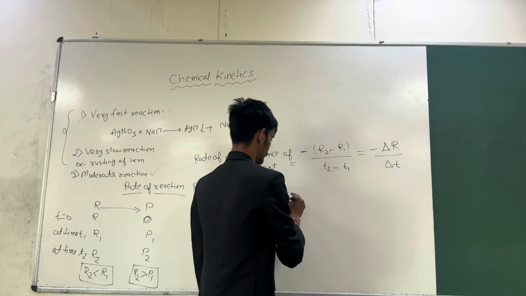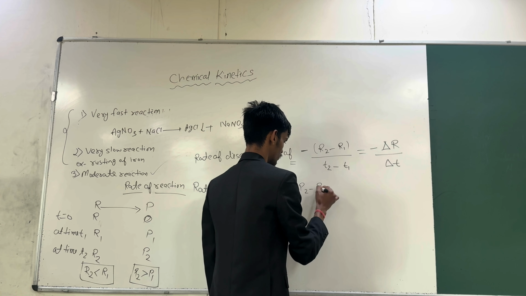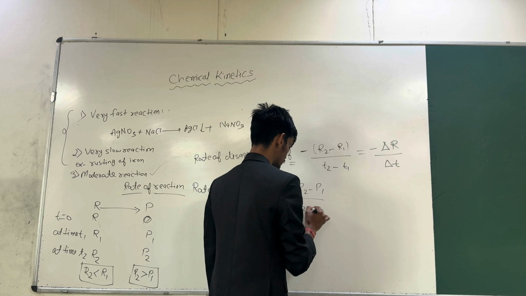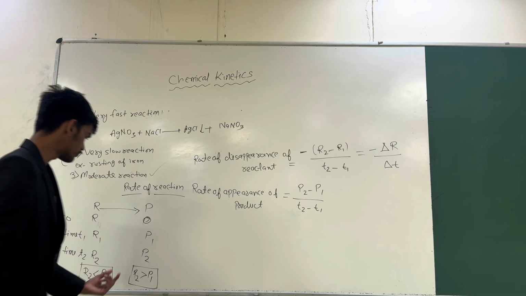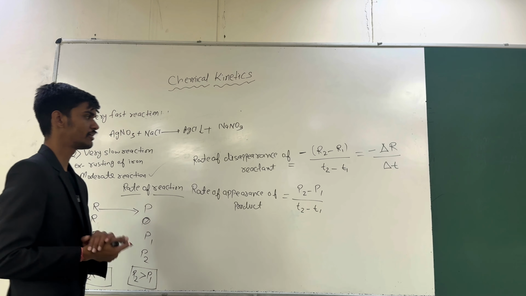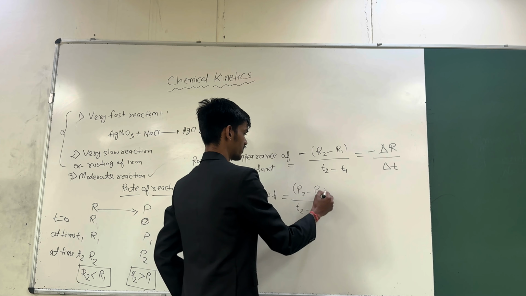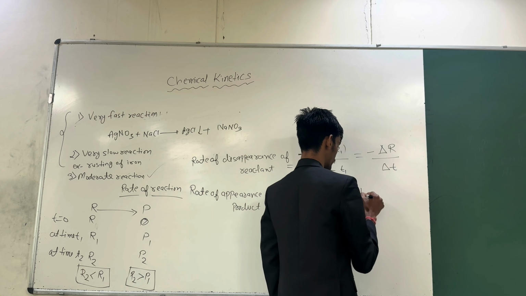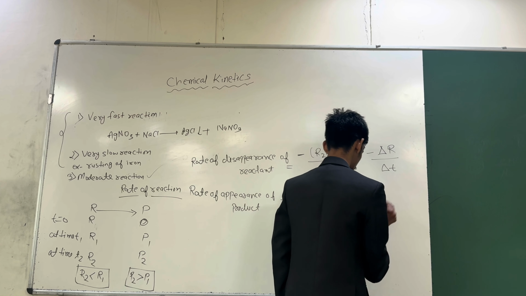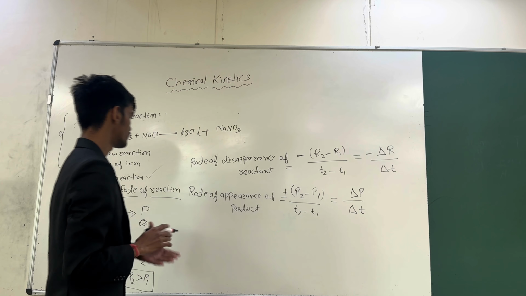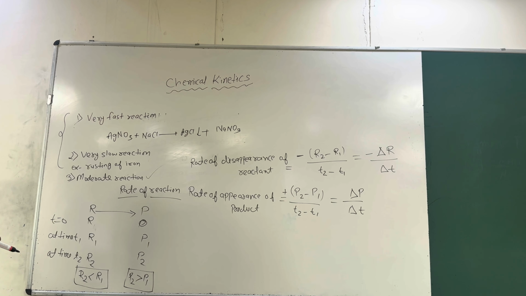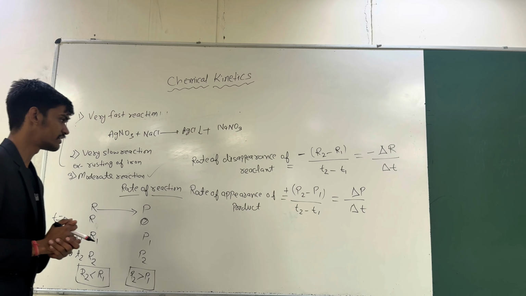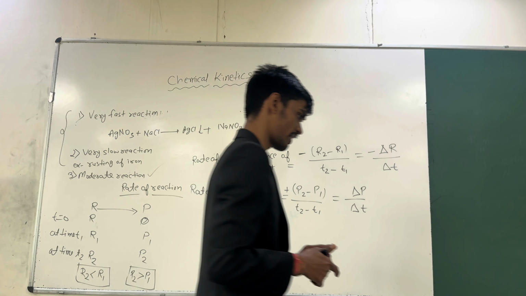It will be P2 minus P1 upon t2 minus t1. Since P2 is greater than P1, we use a positive sign here, which is already positive, and it can be written as delta P by delta t. So this is all about the rate of disappearance of reactant and the rate of appearance of product.